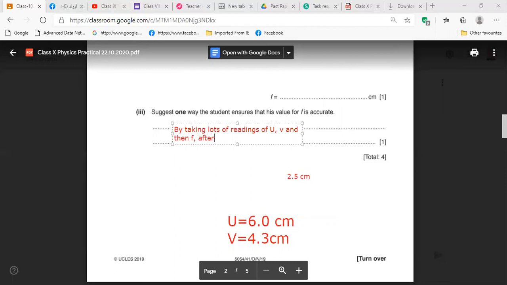Afterwards, take the average. Okay, this is the way to get f more accurate. Is it clear now? Yes, Aisha? Yes, sir. So this experiment is done.